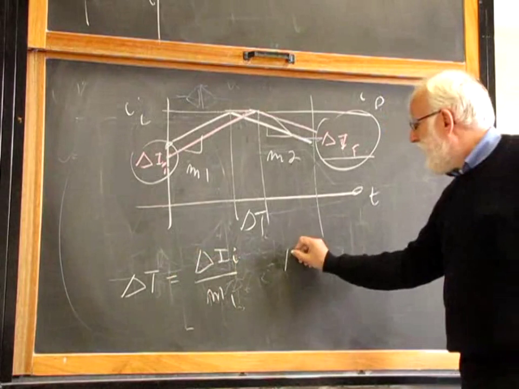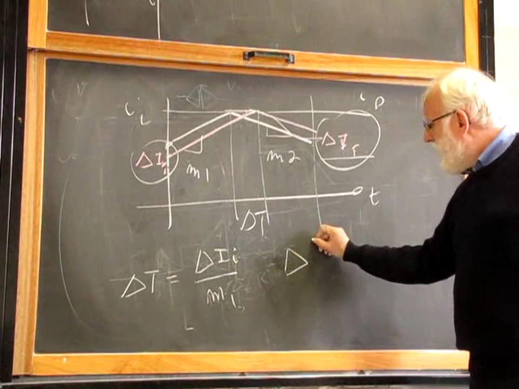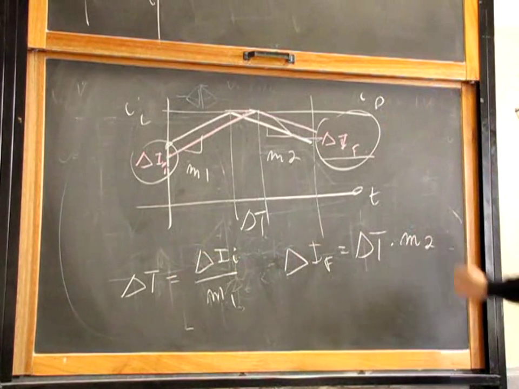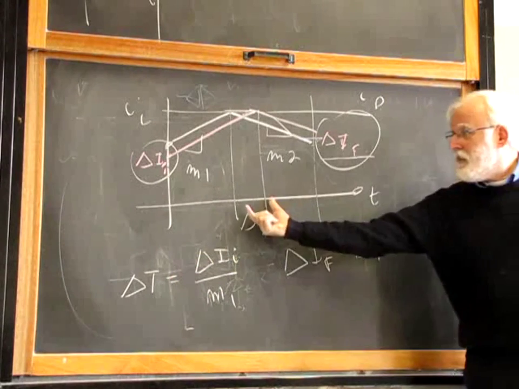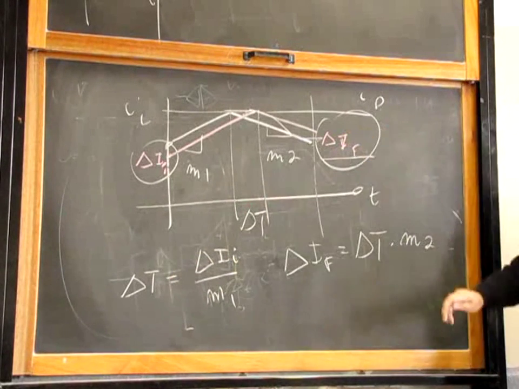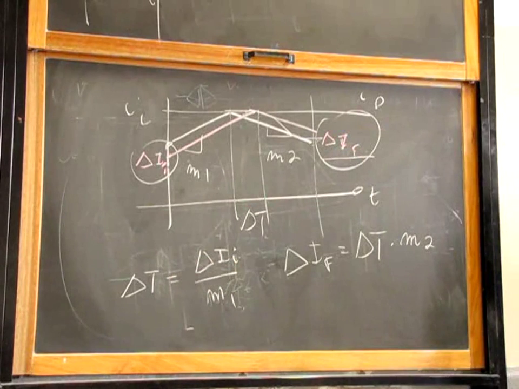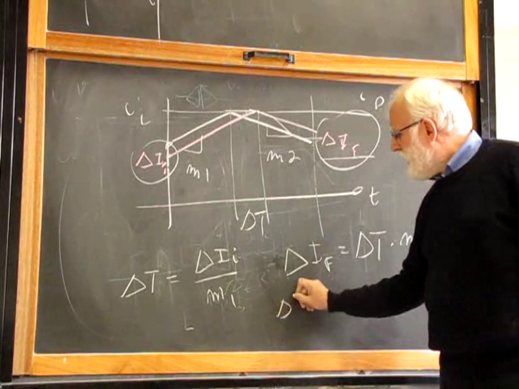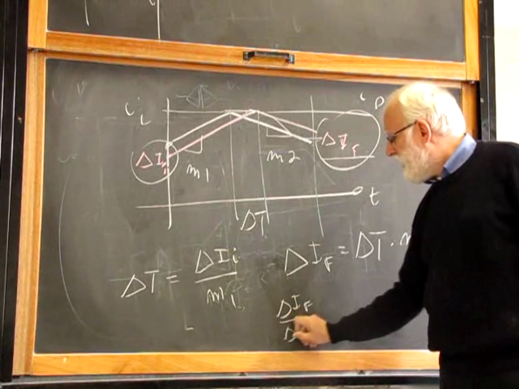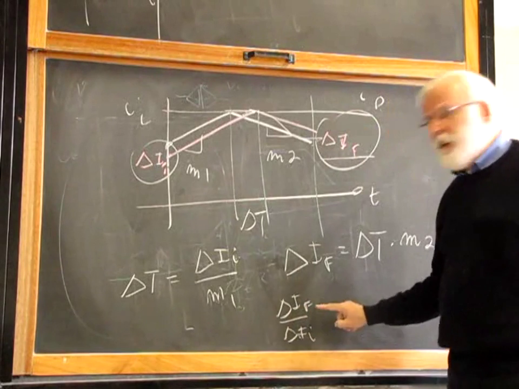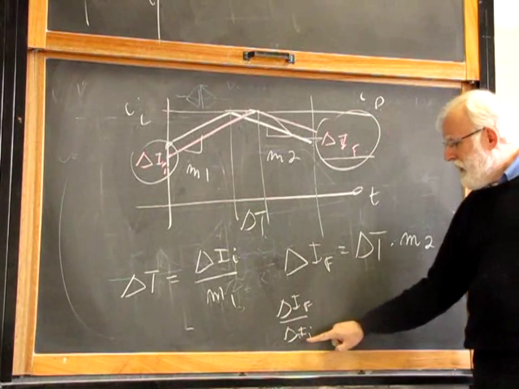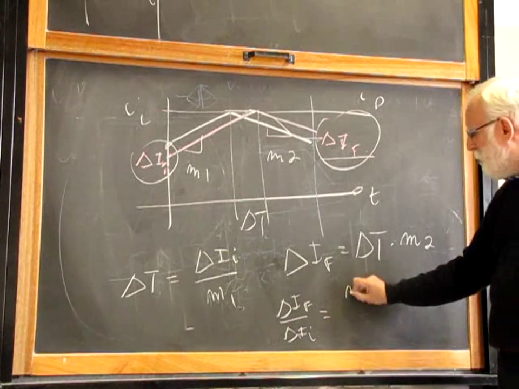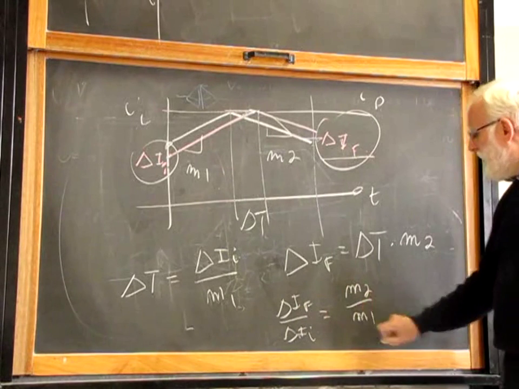This is delta t. Then I take delta t and I find delta IF, taking delta t, this time multiplied by M2. I transform this delta t into delta IF. And so, delta IF divided by delta II, the final current error divided by initial current error equals M2 over M1.